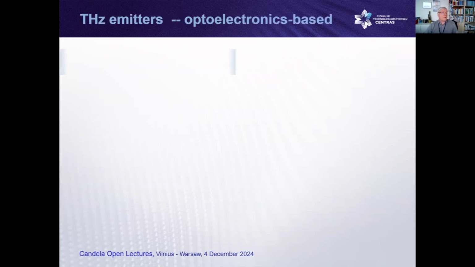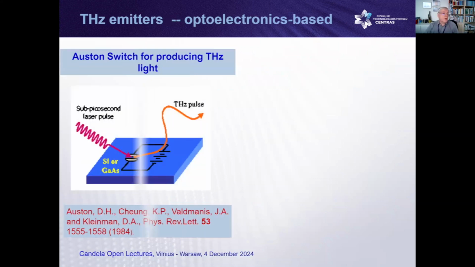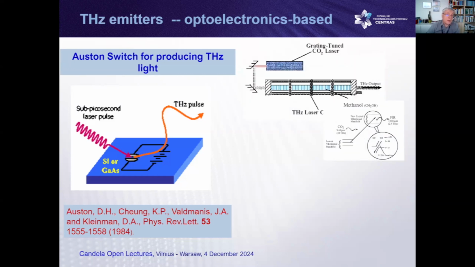So if we go further, the principles, like the Auston switch, are used for nearly all, or at least the majority, of optoelectronic systems. Another approach can be an optically pumped laser, which employs grating tuning and a CO2 laser, and has, for instance, methanol gas in a specific kind of cavity.